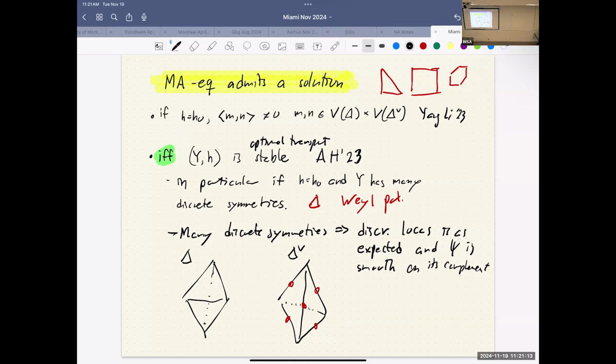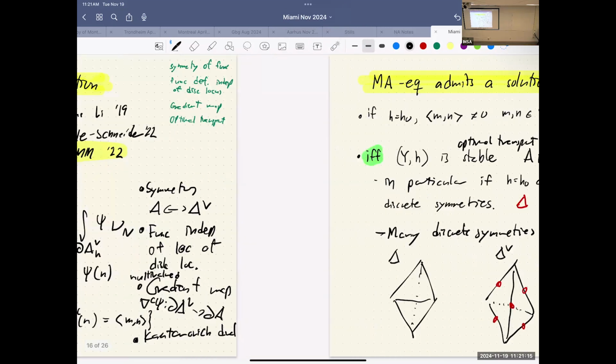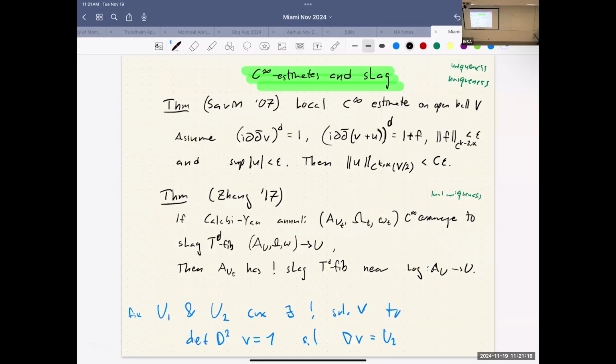I didn't really mention Gromov-Hausdorff limits when I talked about Yang Li's results here. Once you have this C infinity convergence of the potential, then it's natural to ask for Gromov-Hausdorff convergence.